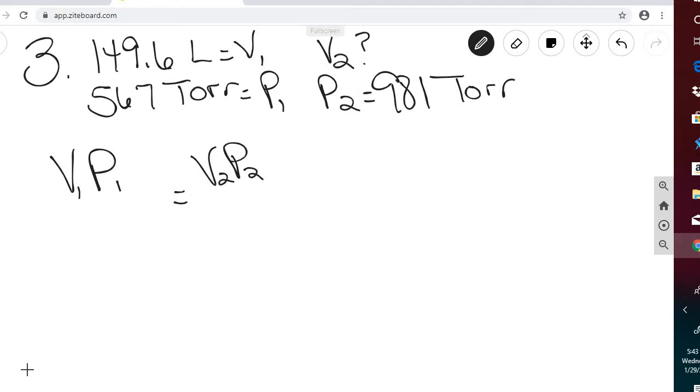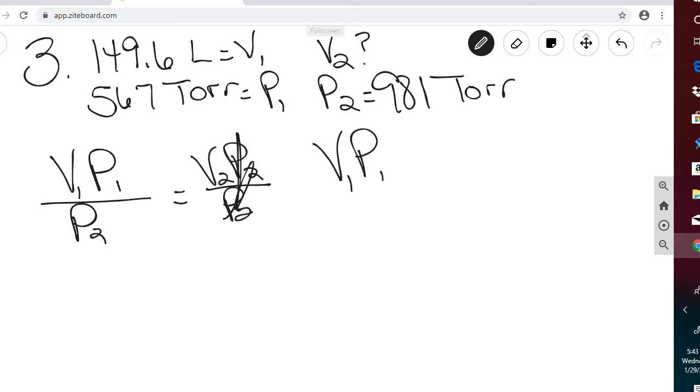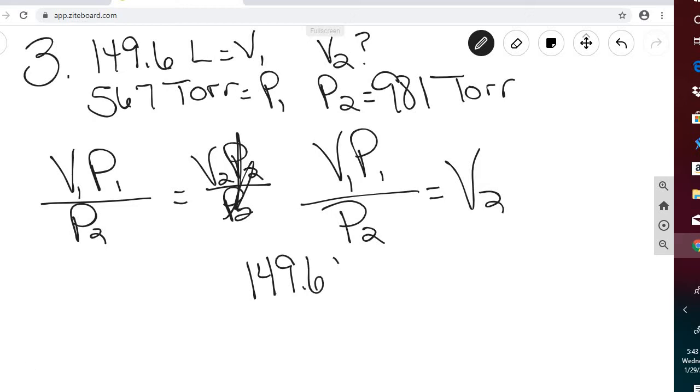Okay, so we're asked to solve for V2, so we'll just divide both sides by P2. Gets rid of that there, and then put it over here. So V1 times P1 divided by P2 will give us V2. Okay, so the initial volume was 149.6 liters.